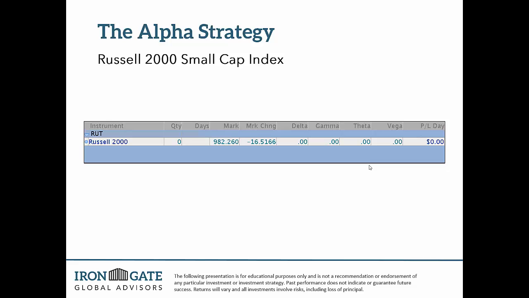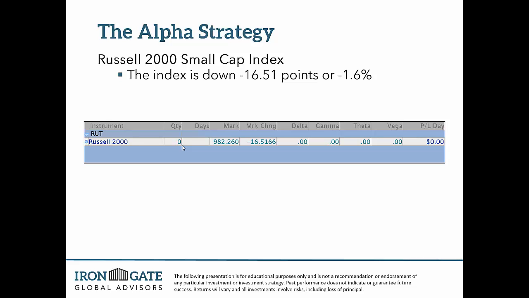And on this particular day, the Russell 2000 was down 16.5 points, or 1.6%. You can see right there, it was down 16 points. Also note the quantity is 0, meaning I don't own this index. In fact, I can't buy this index. I could buy an ETF, but I can't buy the cash settled index that we're looking at right now.